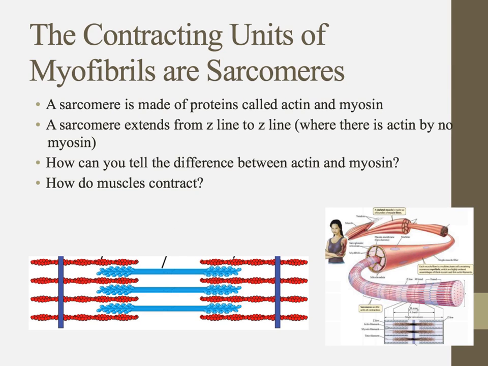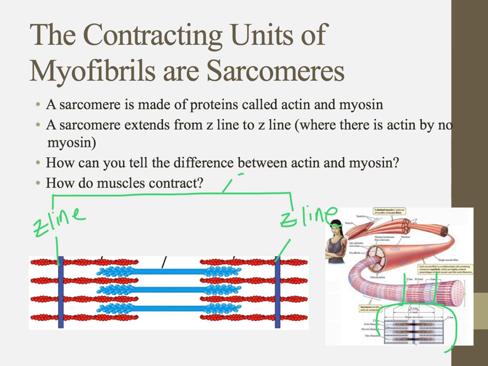So a sarcomere is going to be a repeating unit of an actin and myosin overlay here. Now a sarcomere is going to extend from what we call a Z line to another Z line. So this together makes up one sarcomere.